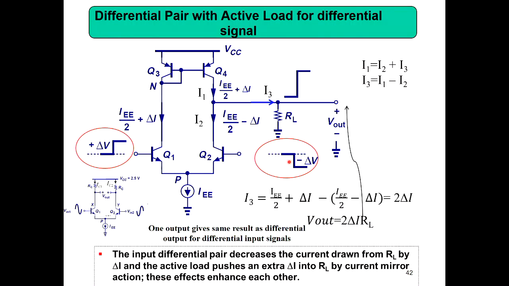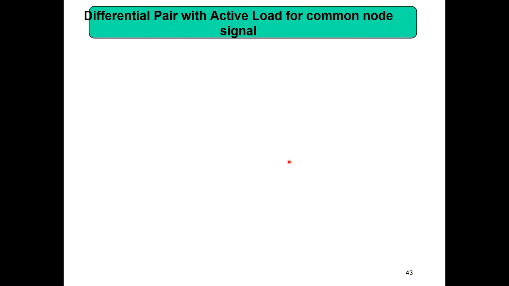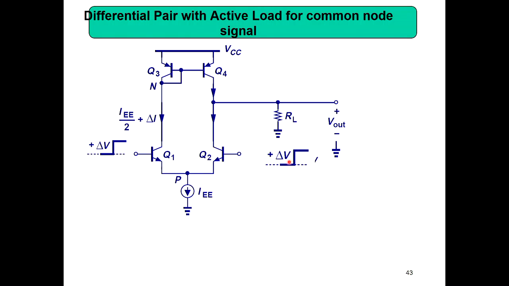Now what we are going to do is a common mode signal, because that is our interest. When you connect a common mode signal, now we are assuming this ideal, so if it is a common mode signal, then if it is a differential output, you should not get a common mode signal here. And here it is IW by 2 plus delta I. Now my question is, what is the current here?